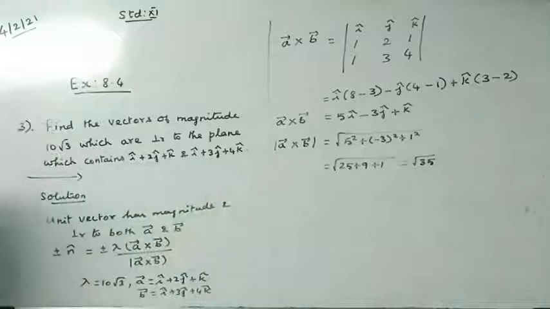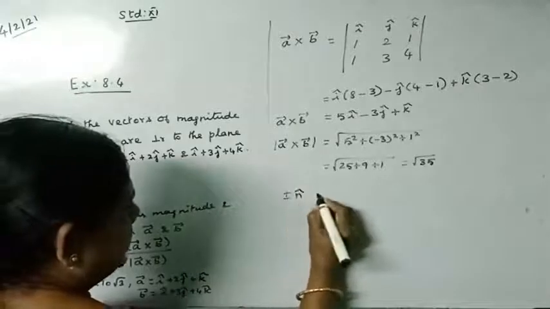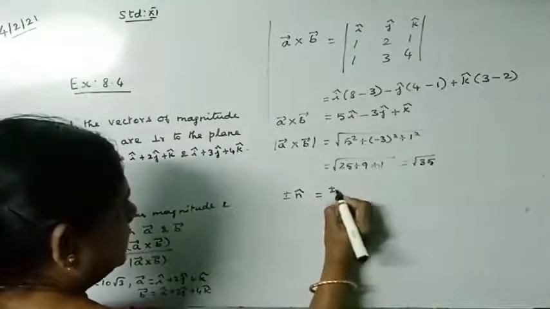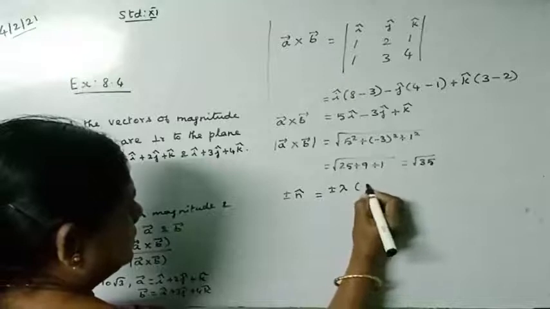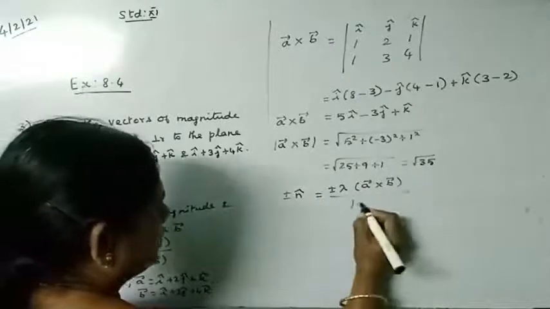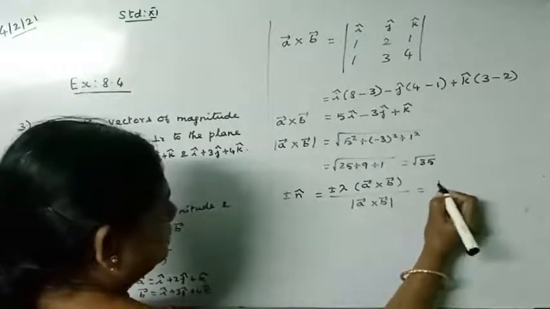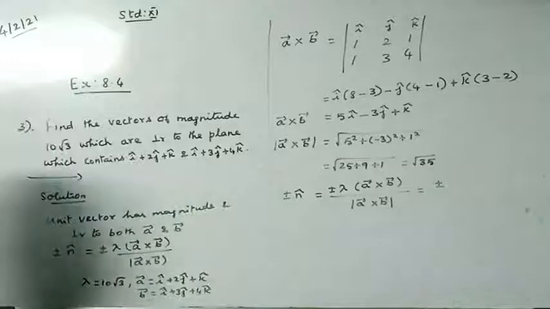Now let me write this in the formula. So plus or minus n cap is equal to plus or minus lambda times A vector cross B vector divided by modulus of A vector cross B vector. Lambda is 10 root 3.